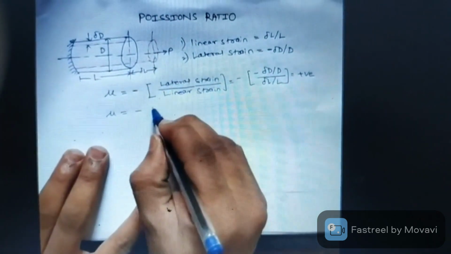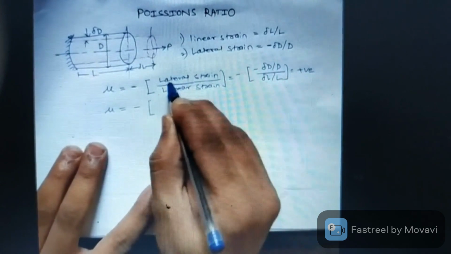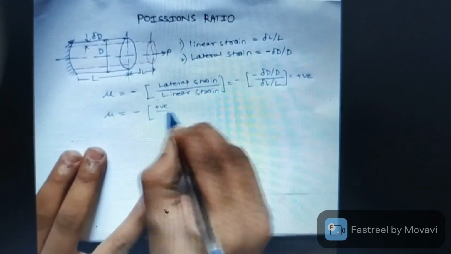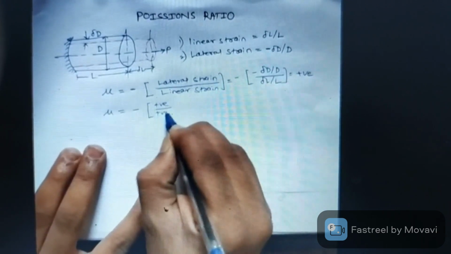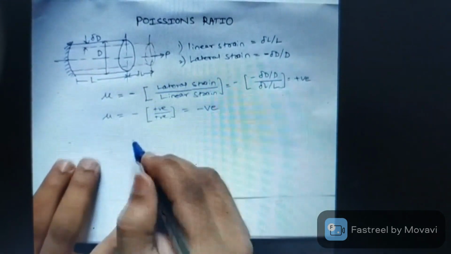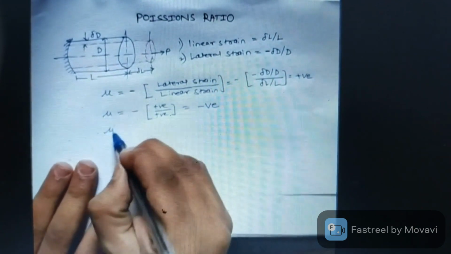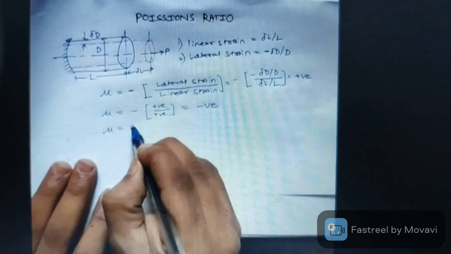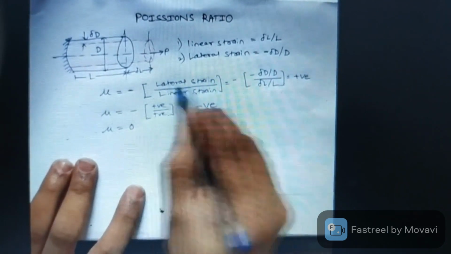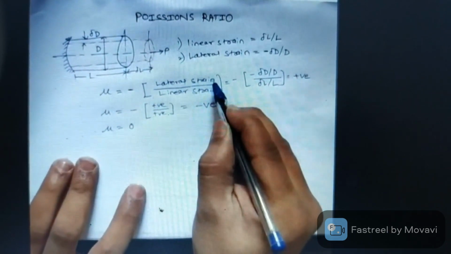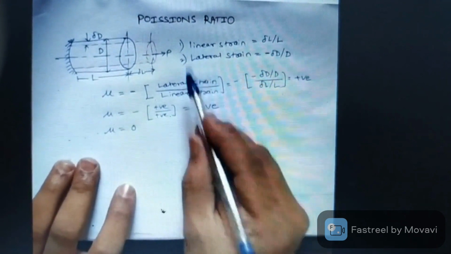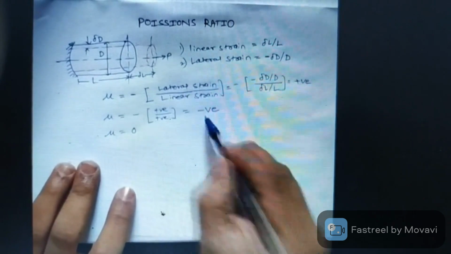So for those materials this lateral strain will also be positive and this linear strain will also be positive, so the Poisson's ratio will be negative. And for some materials the Poisson's ratio is 0. What does it mean? For those materials the lateral strain is 0, because of which the mu is 0. So the Poisson's ratio can be positive, can be negative or 0.